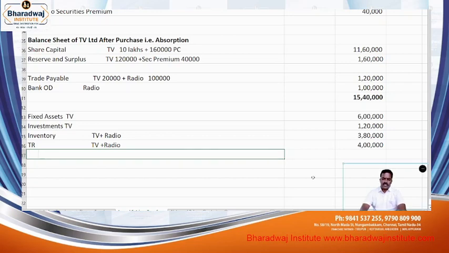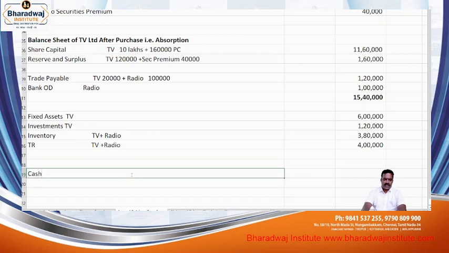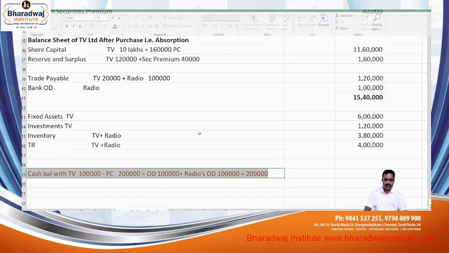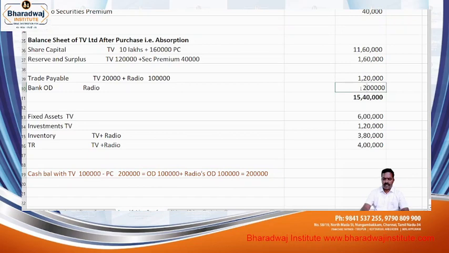Then cash balance alone, let us check. What is the cash balance with TV? 1 lakh. Minus the purchase consideration, how much have we paid? 2 lakhs. So how much OD will come here? 1 lakh plus Radio's OD. So totally this will not be 1 lakh, this will be 2 lakhs.